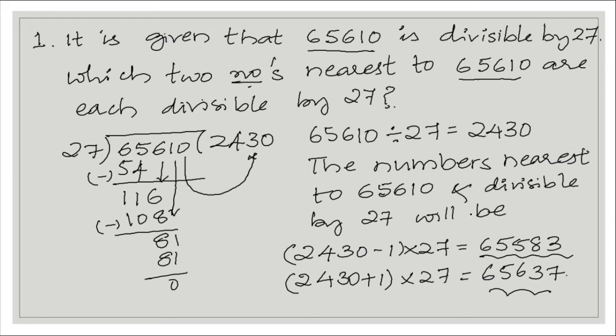Since the number is divisible by 27, I can add 27 and subtract 27 without actually dividing. This division I have done so that you will realize that the numbers obtained will be the numbers obtained by subtracting and adding the given divisor. In other words, if I take a simple example, say 2 divides 10.